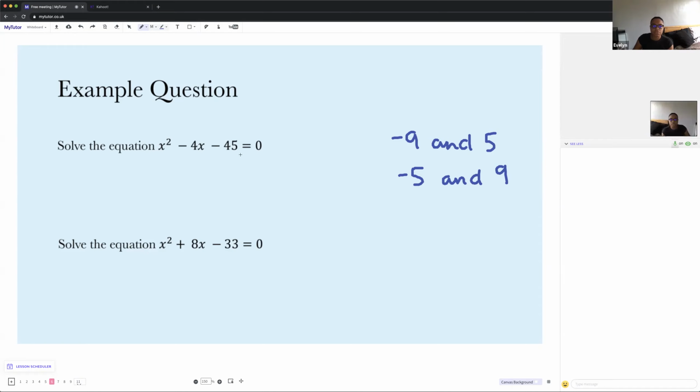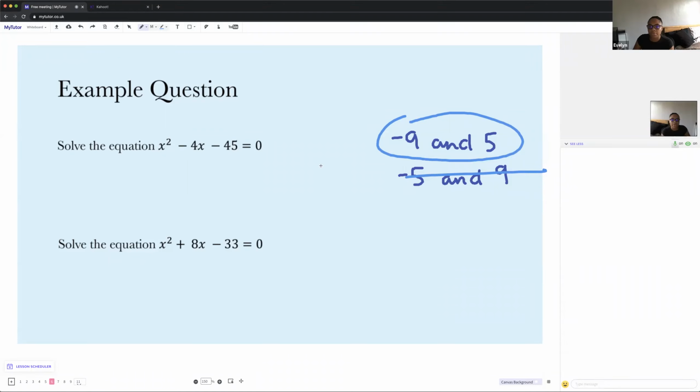So if we check the first one, minus 9 plus 5, that gives us minus 4. But minus 5 plus 9 does not give us minus 4. It gives us a positive 4. So we're going to take the first one. We're going to use these numbers.